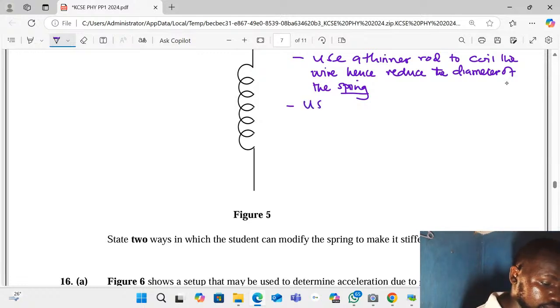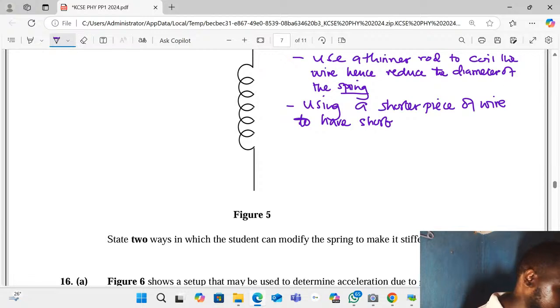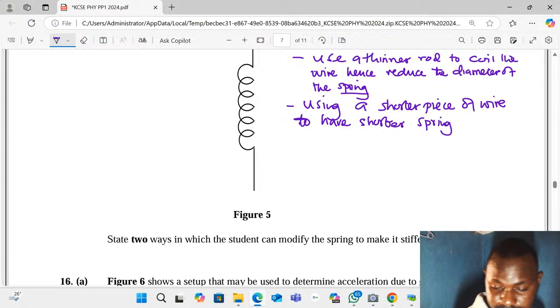Using a shorter piece of wire to have a shorter spring.